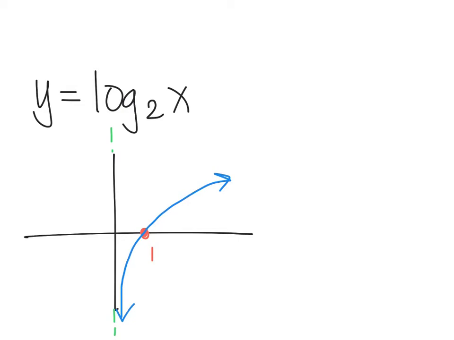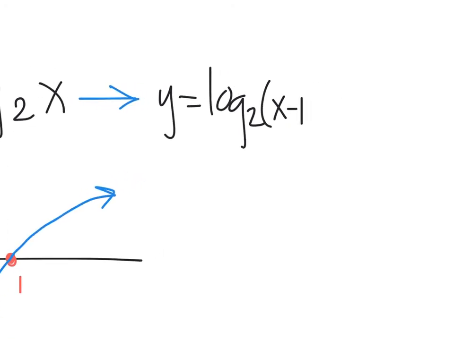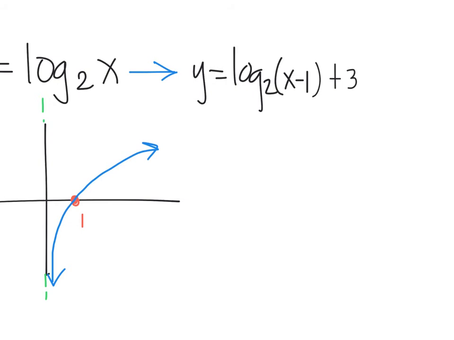Once we know the graph of log base 2 of x, we can now graph y equals log base 2 of x minus 1, plus 3 by analyzing the translation of axis. We said 1 unit to the right and 3 units up.